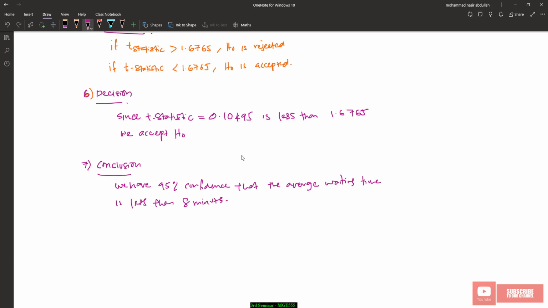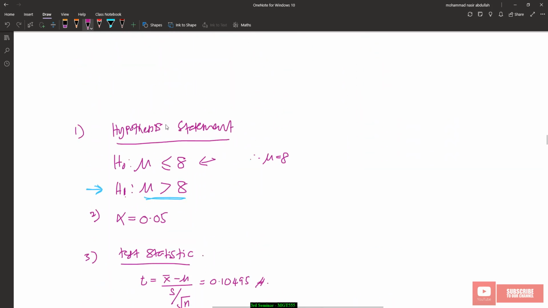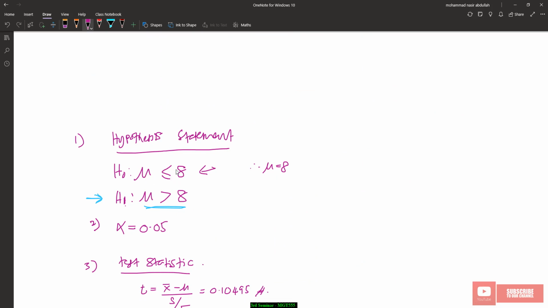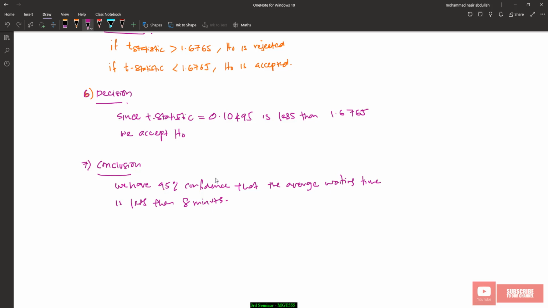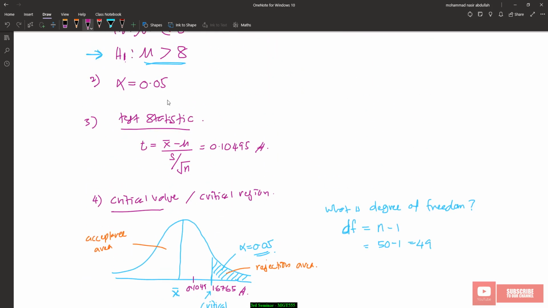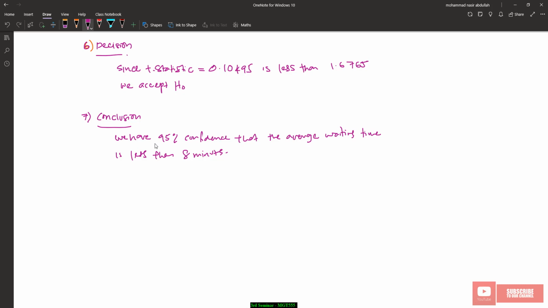Sebab apa? Kita accept null hypothesis. So the null hypothesis is less than or equal to 8 minutes. So we have 95%. Kat mana main 95% ni? Because our alpha we reserve 5% error. We are 95% confident that the average waiting time is less than 8 minutes.